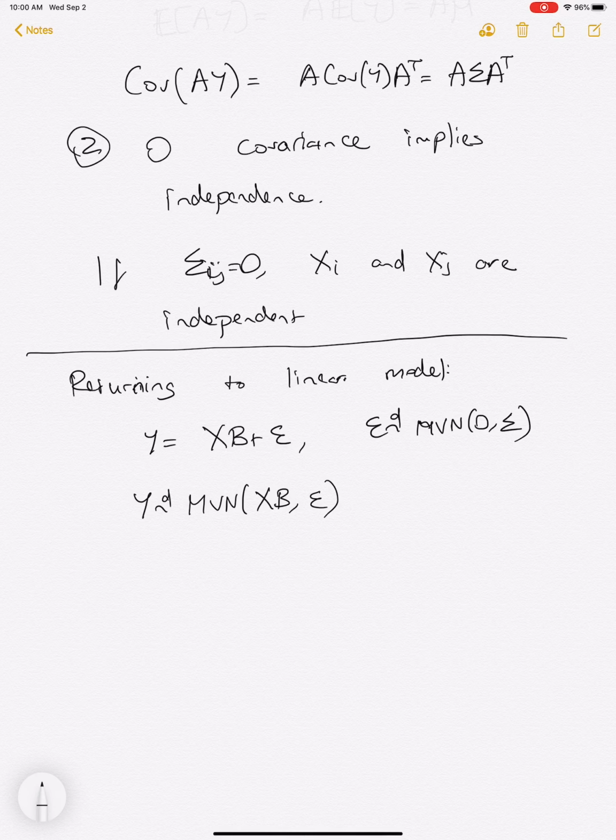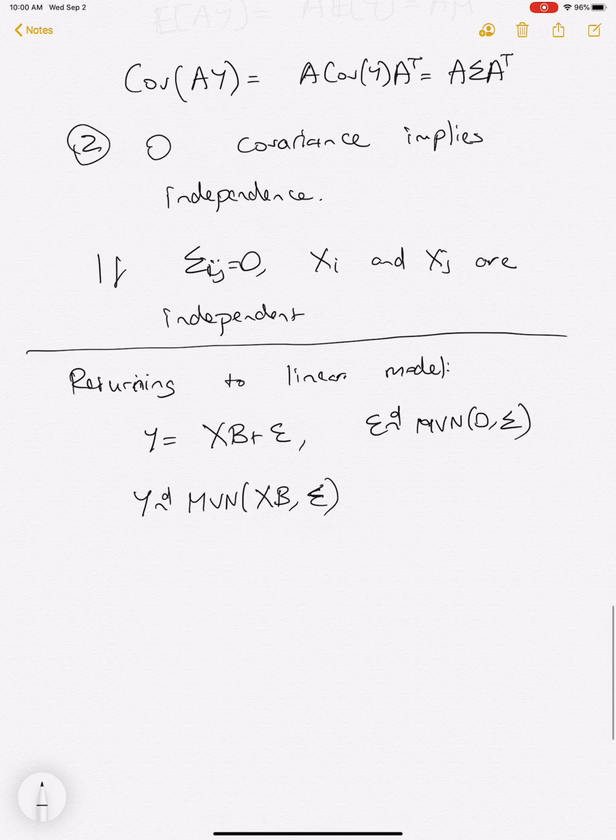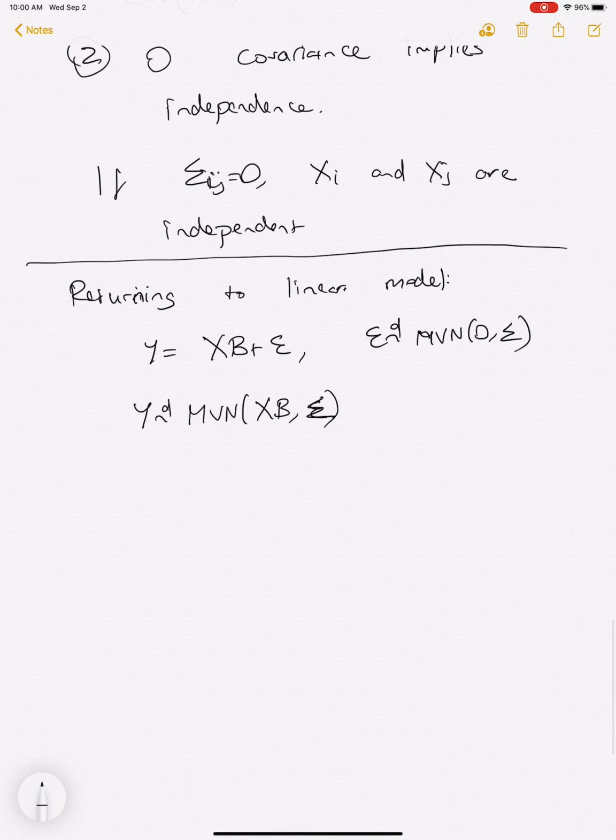So we have that y is a multivariate normal with mean Xb and variance and covariance sigma. Sorry, let me just be clear, this is a sigma, not an epsilon. Okay, and so that's really our data for today.